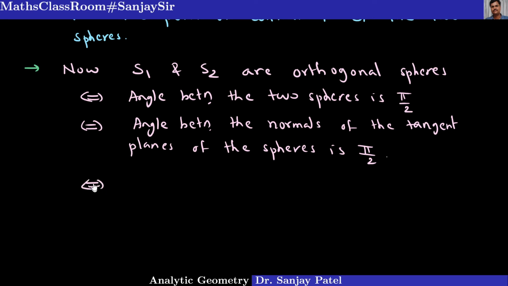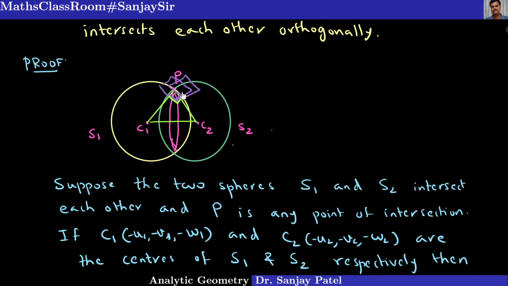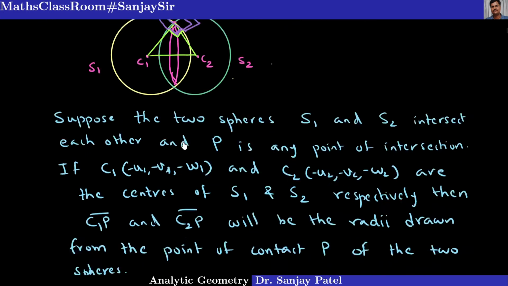Because we know that these normal vectors are in the direction of the radii C1P and C2P.